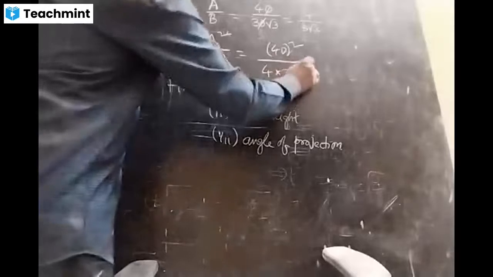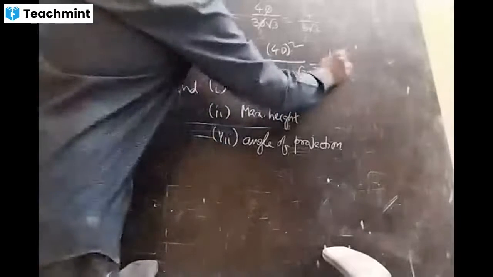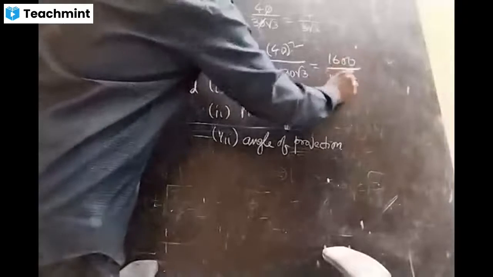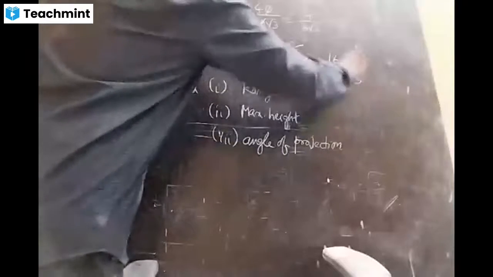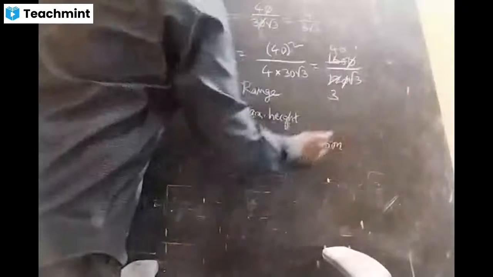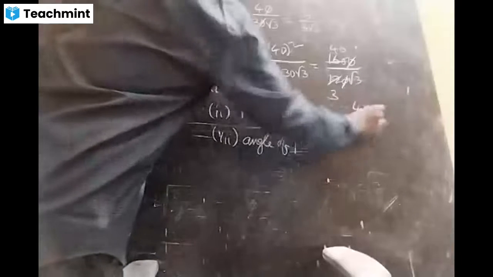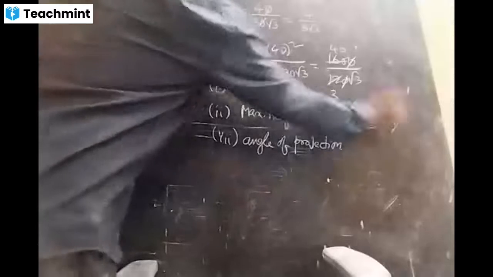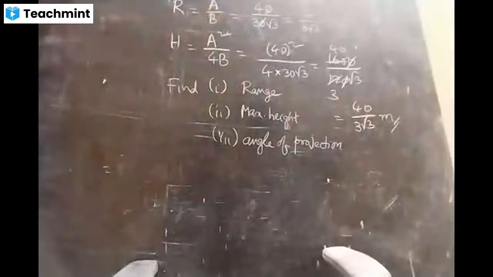So 1600 over 120 root 3, which gives 40 by 3 root 3 meters. That is our answer.